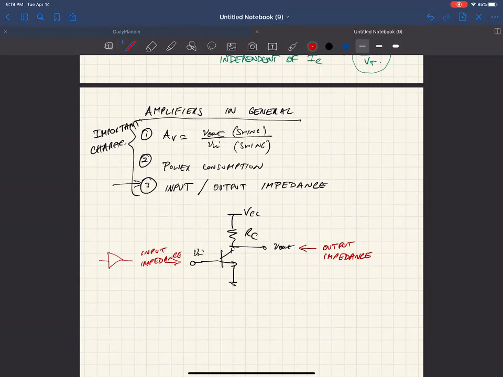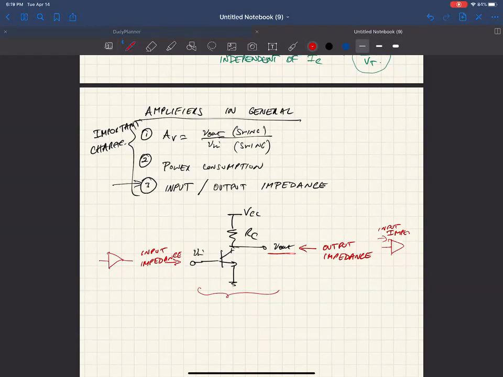The reason that's important is because the next stage you'll be driving has its own input impedance. Basically, the combination of the output impedance of the stage that you're designing and the input impedance of the next stage you're driving has to work.